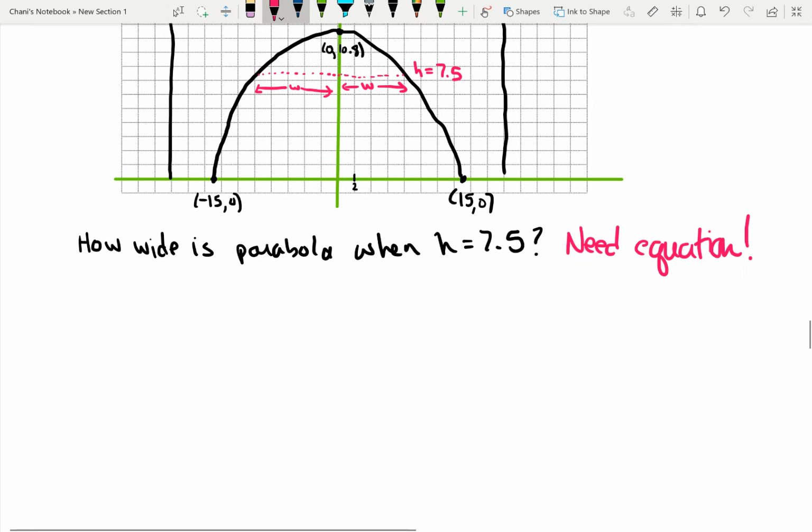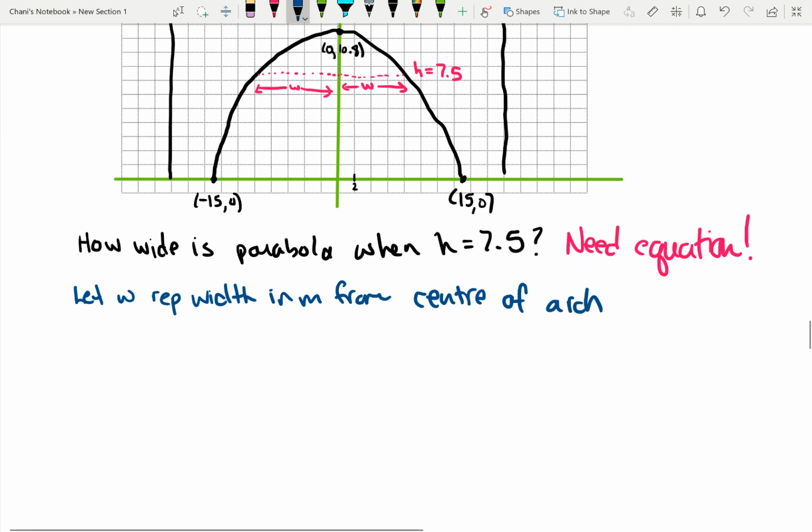So we can create an equation in factored form or in vertex form, either one. I did mine in factored form, so that's what I will show you, but doing it in vertex form does work as well. So let W represent width in meters from the center of the arch. It's important that it's from the center. That is a key point to include here.